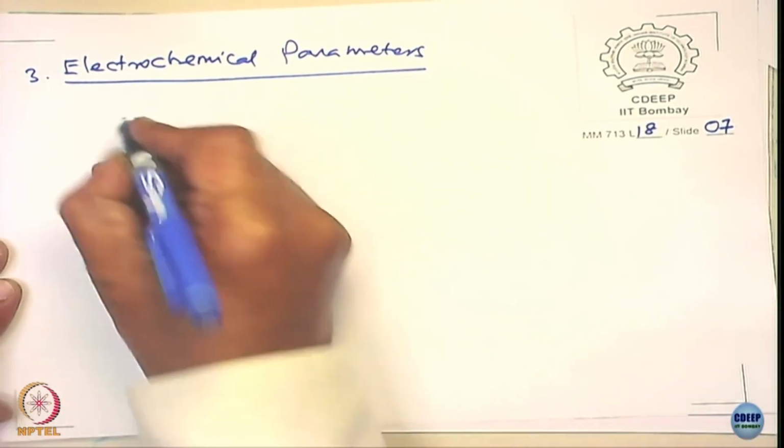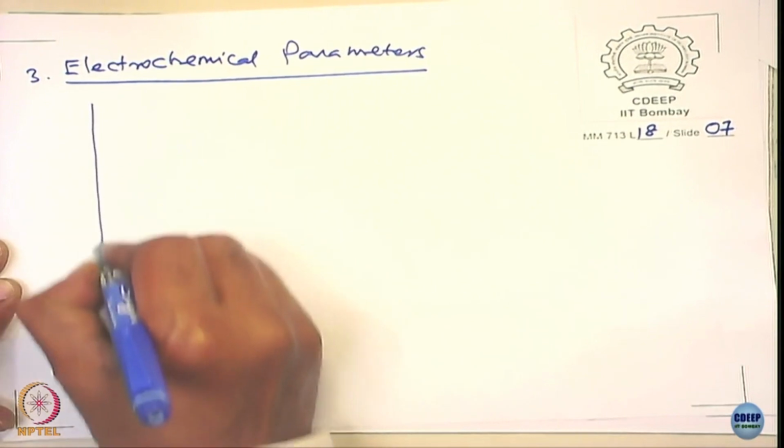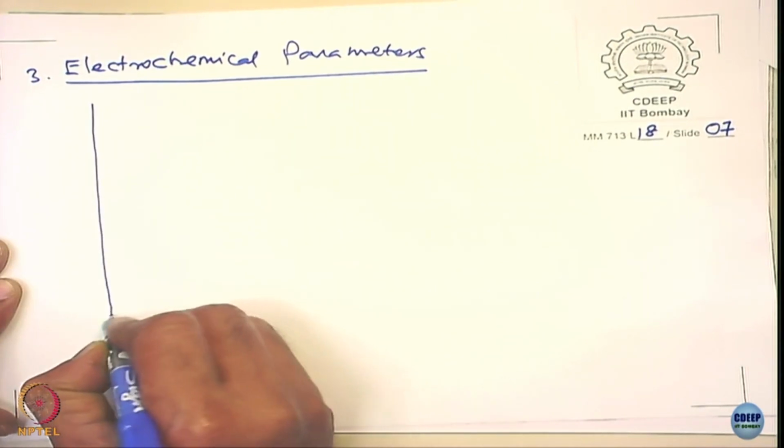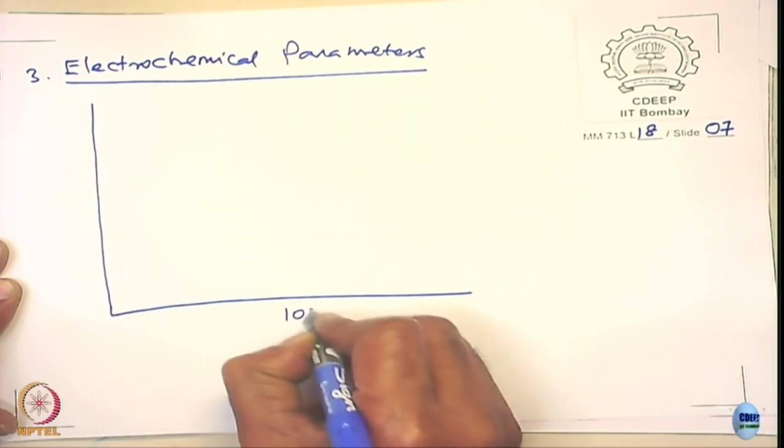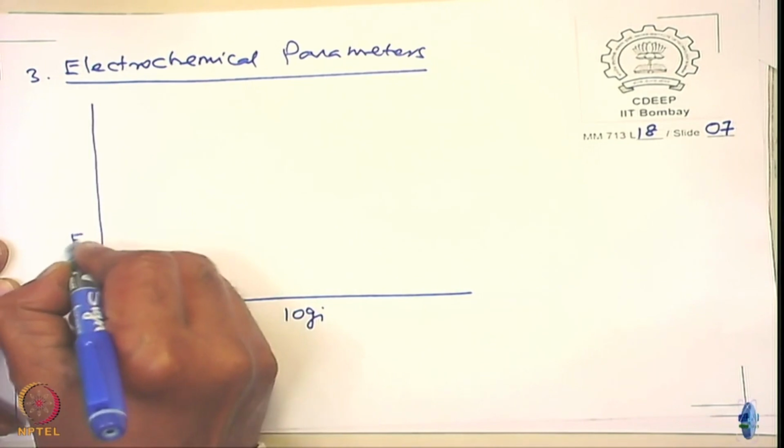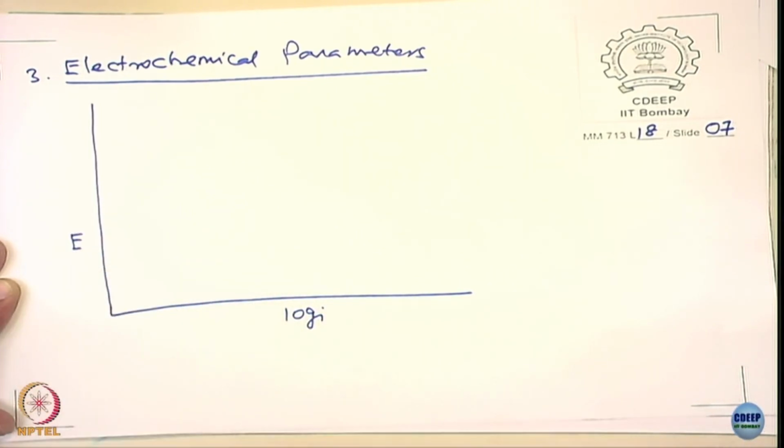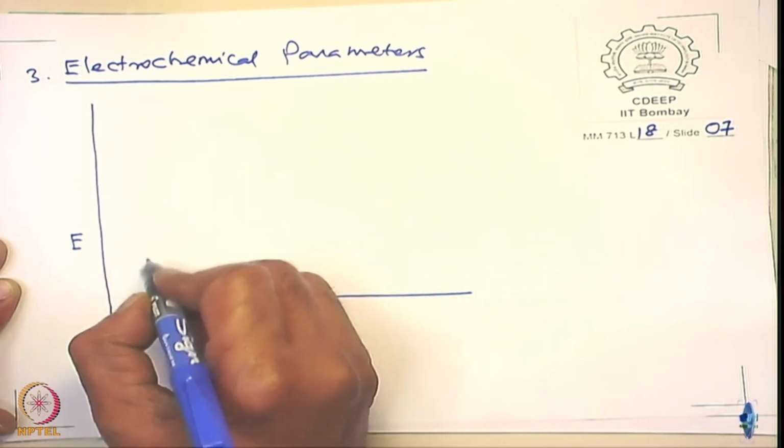So that means you would have, now I am going to draw a few schematic diagrams to show how the electrochemical parameters become very important in deciding the crevice corrosion resistance of metals. Okay.